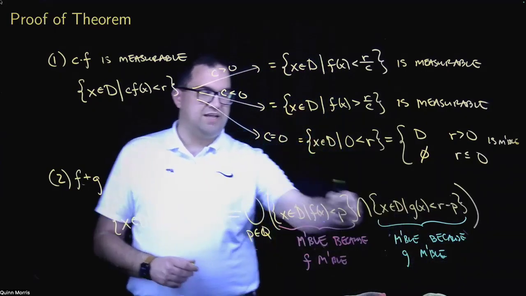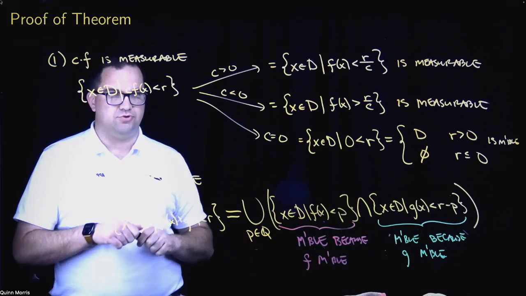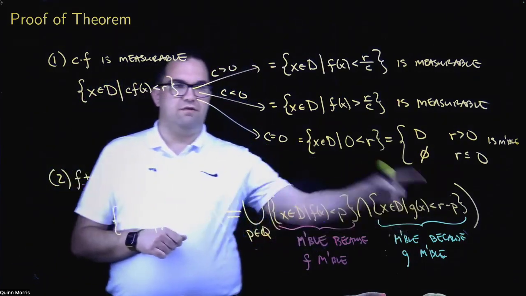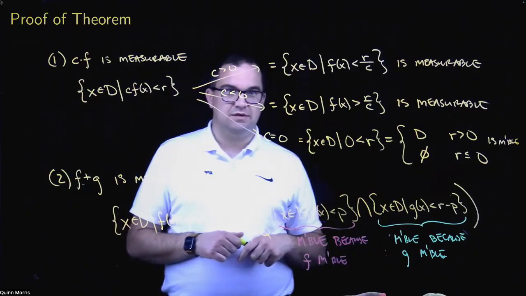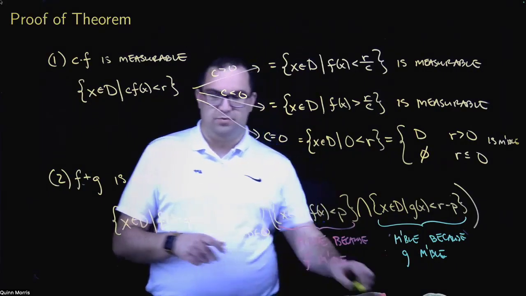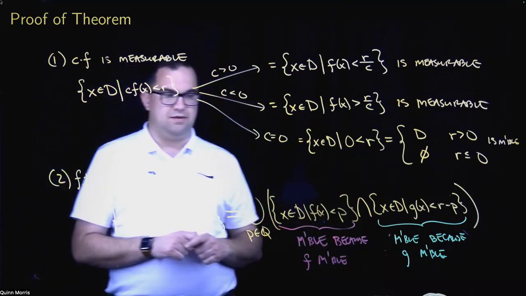And then I have an intersection of measurable sets, which is measurable. And then I have a countable union of those measurable sets, and a countable union of measurable sets is measurable. Therefore, this set must be measurable.